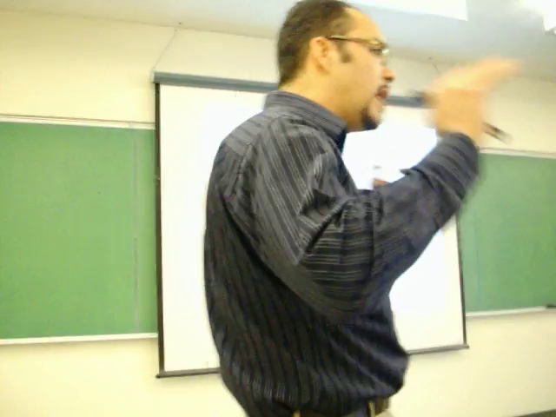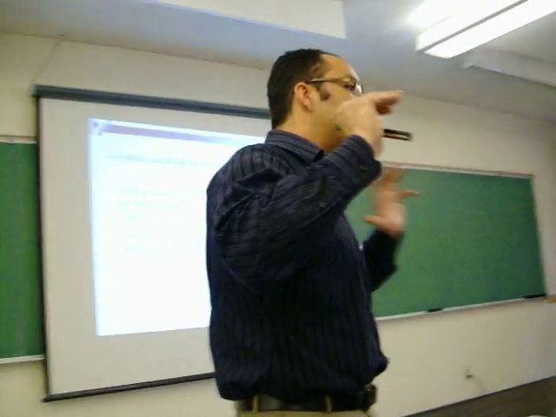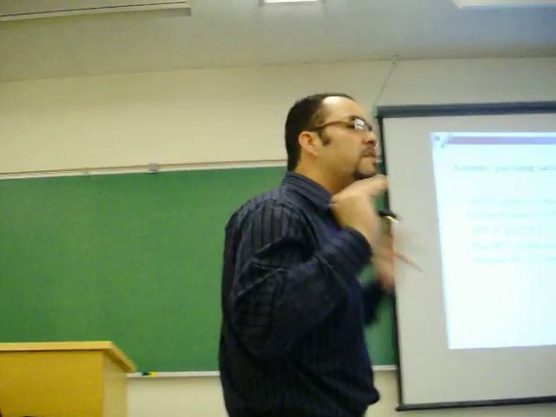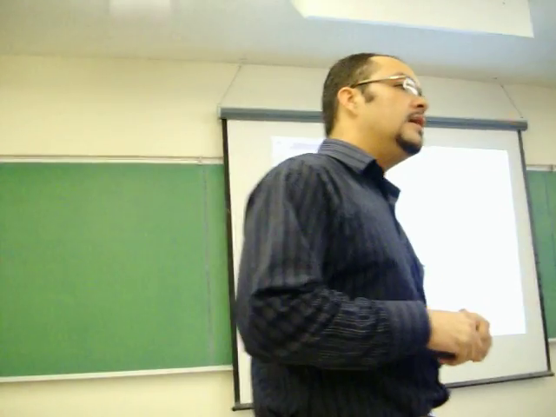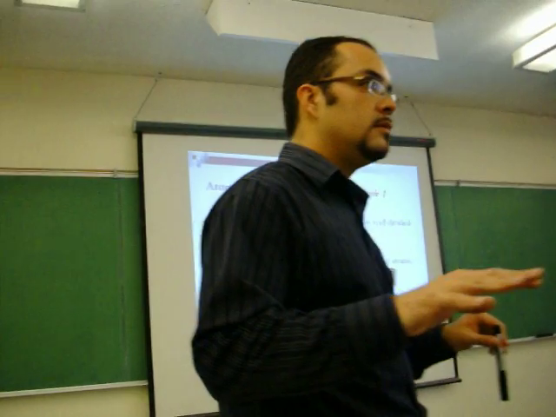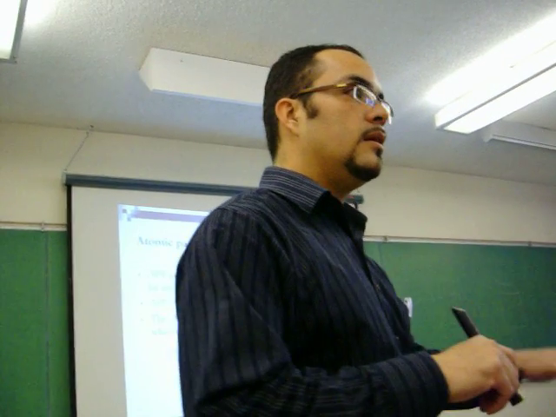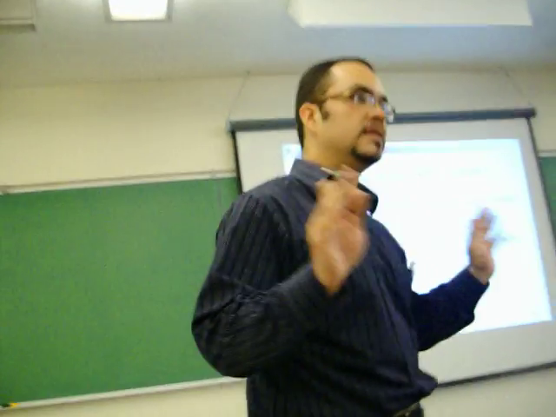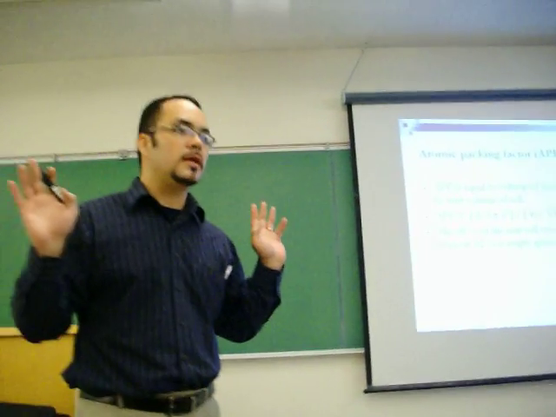If I tell you that the APF is, let's say, 50%, what is the meaning of that? Exactly, there's 50% of atoms. This is the meaning of that. Everybody agree with that?